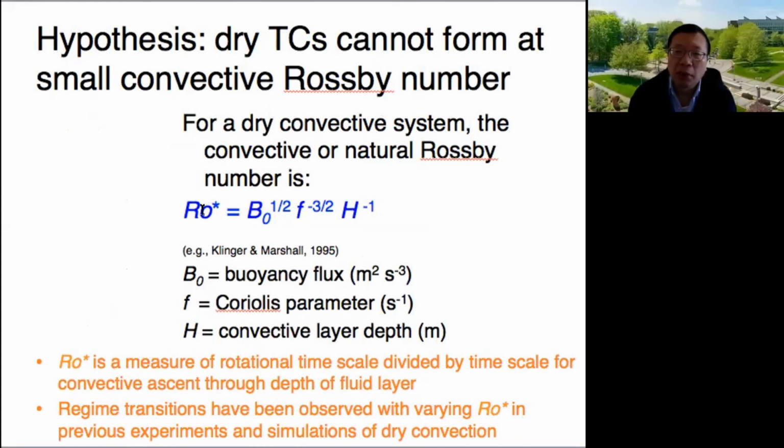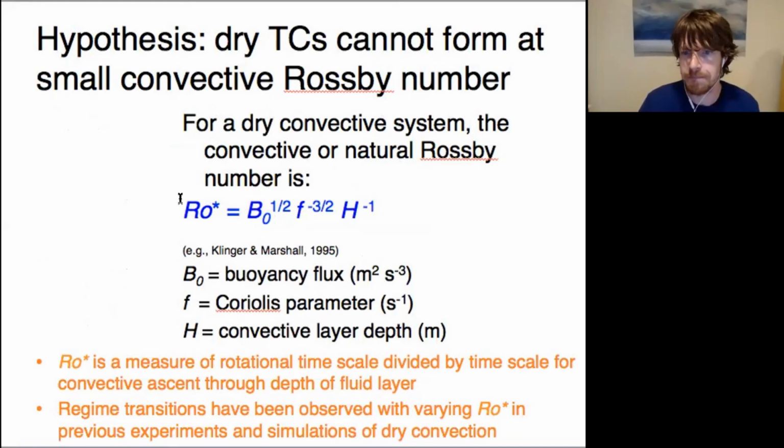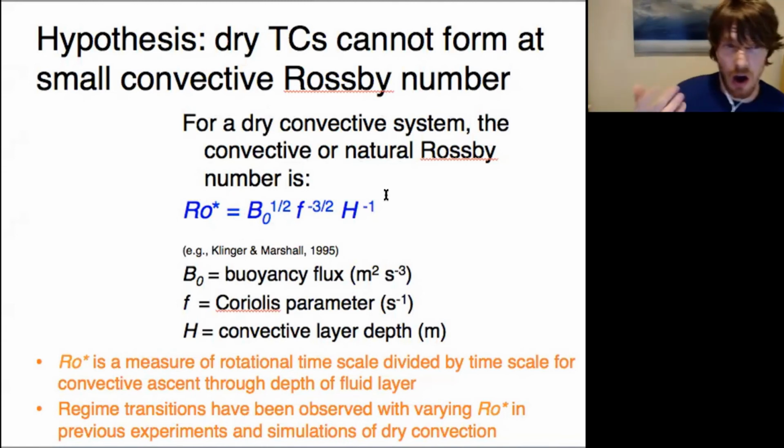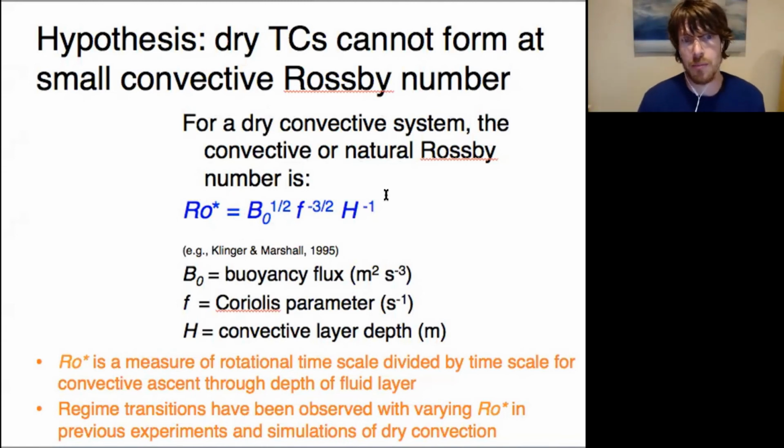That would be a complement to what you have done. You could attain a very similar value of a convective Rossby number with a bunch of different combinations, and our hypothesis is that this is an important parameter for the dry hurricane worlds, but we haven't mapped it out thoroughly.